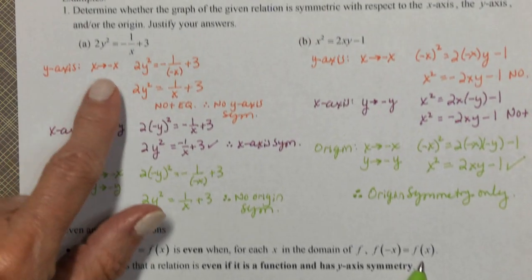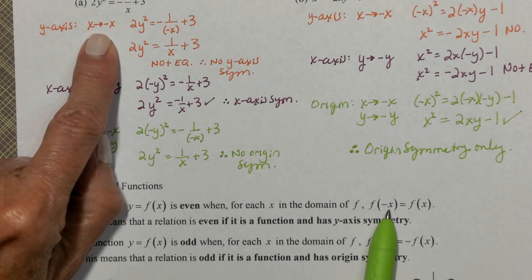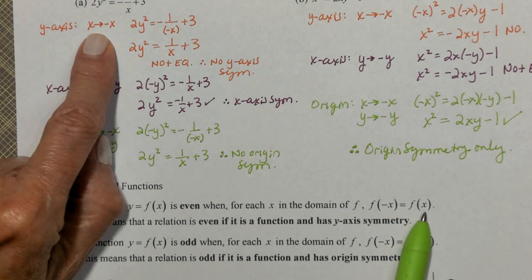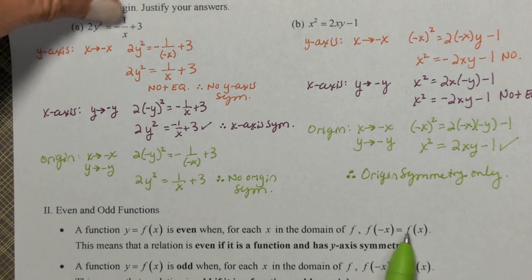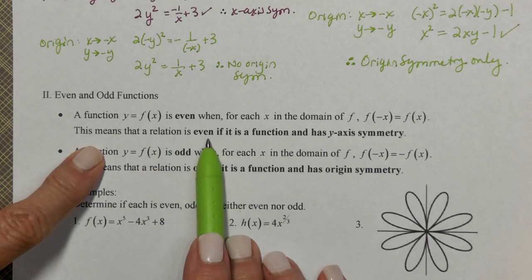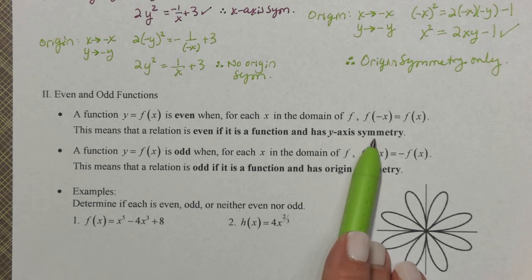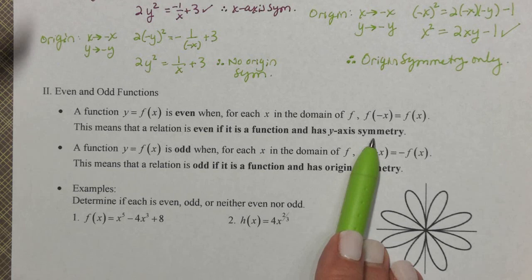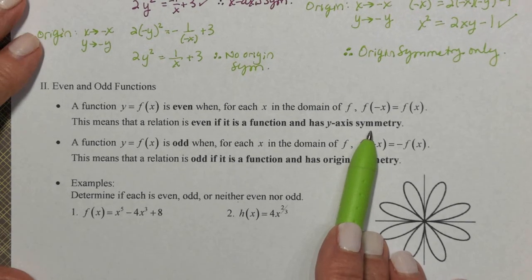We did that when we tested for y-axis symmetry. We replaced x with negative x, and we got back our original function. So that means that a relation is even if it is a function and it has y-axis symmetry. Is it a function? Does it have y-axis symmetry? If your answer is yes, then your function is even.